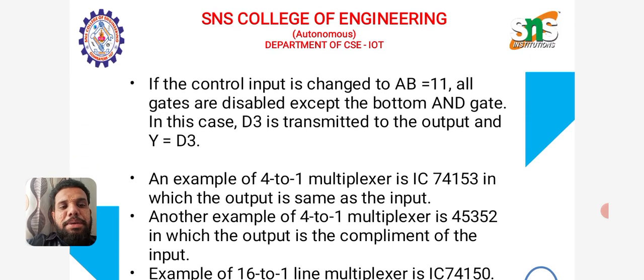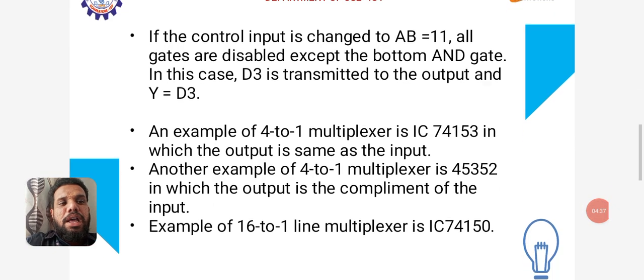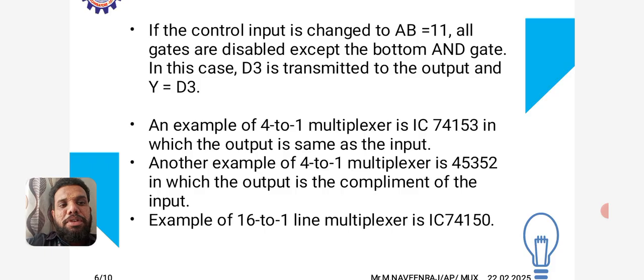Likewise, based on the inputs A and B, whichever of D0, D1, D2, D3 is eligible will be selected for the output. For example, the 4:1 multiplexer IC is 74153. In the laboratory, you just buy this IC, plug it into a breadboard, give the inputs, and you can select the output.